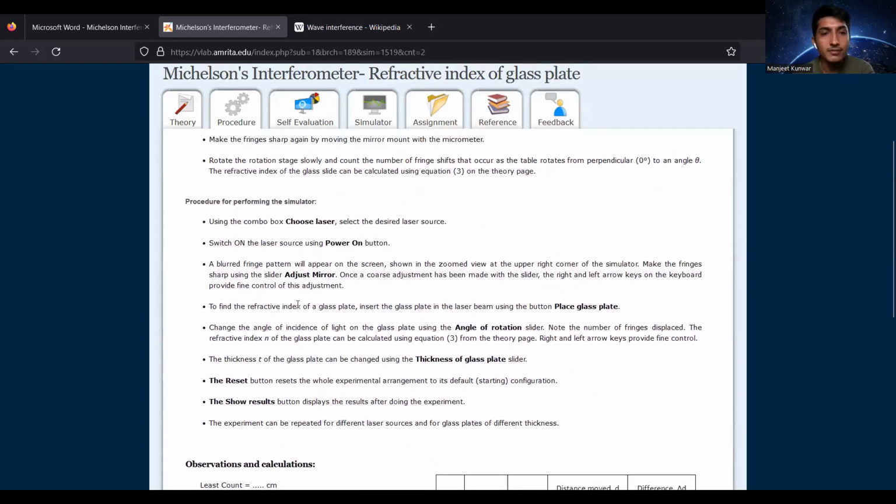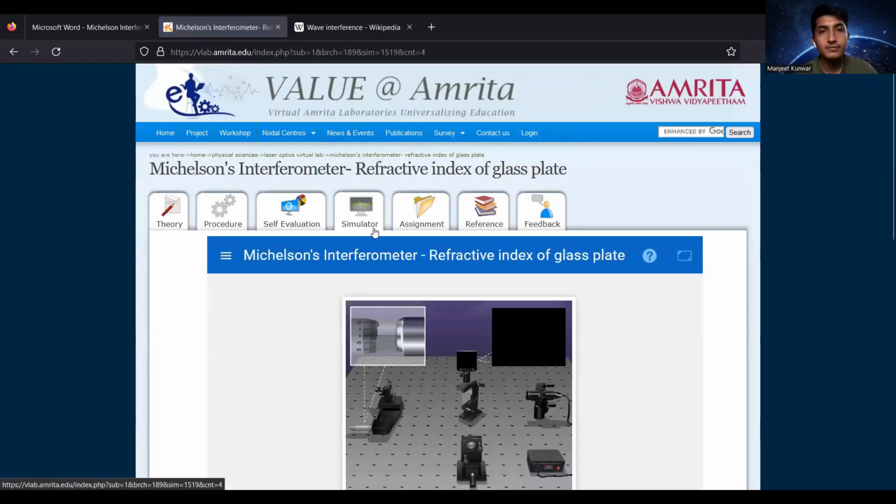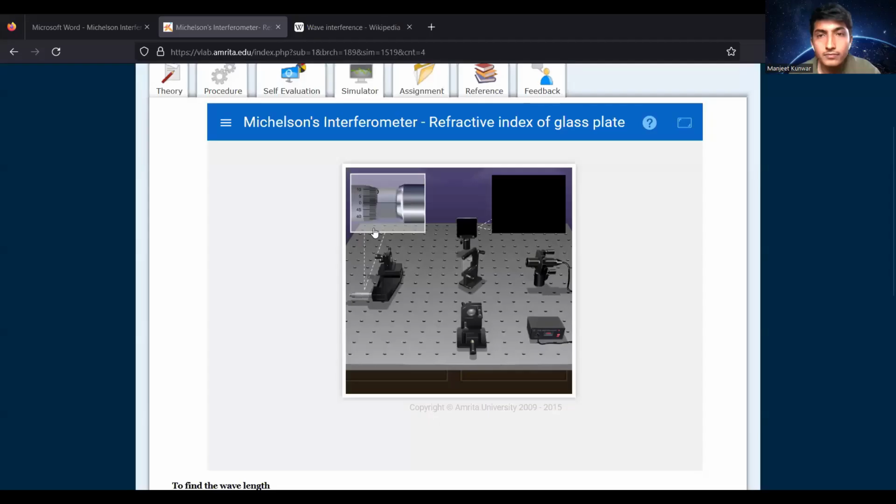And there are procedures for performing the simulator, and I'm going to demonstrate my experiment through the simulator. Here is our simulator.